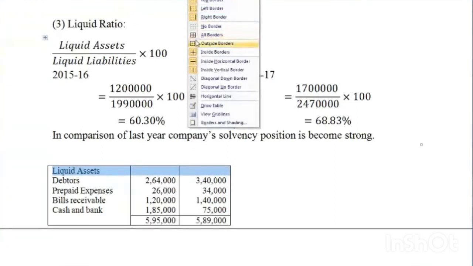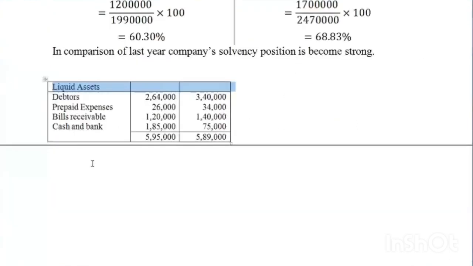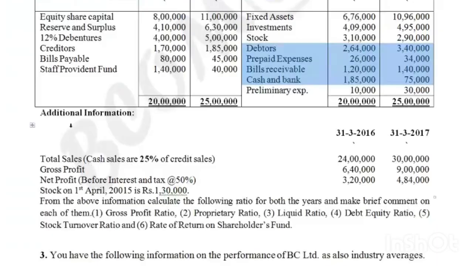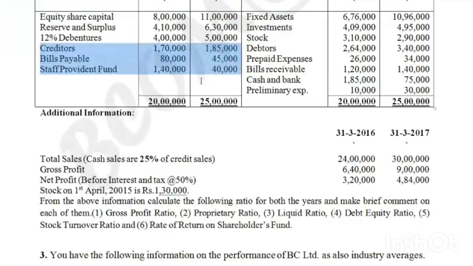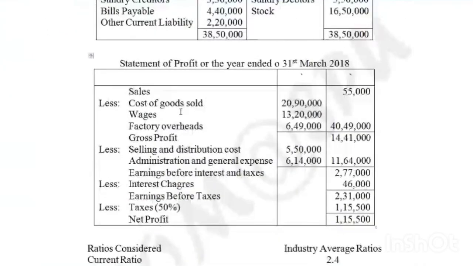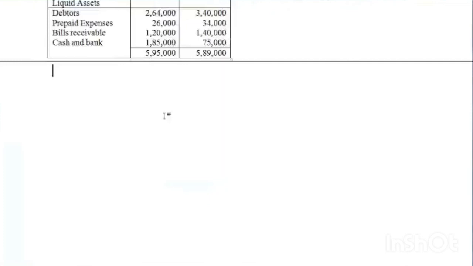એ જ પ્રમાણે તમારે liquid liability calculate કરવાની છે. The liquid liabilities are these: creditors, bills payable, and staff provident fund. These are the three. There is no bank overdraft. Except bank overdraft, all current liabilities. Bank OD સિવાયની બધી current liability લેવાની.